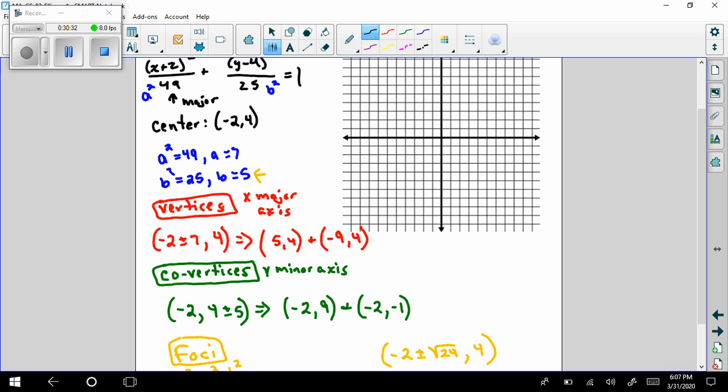Okay, let's graph. So we have a center at -2, 4. I have vertices at 5, 4, 1, 2, 3, 4, 5, 4, and -9, 4.